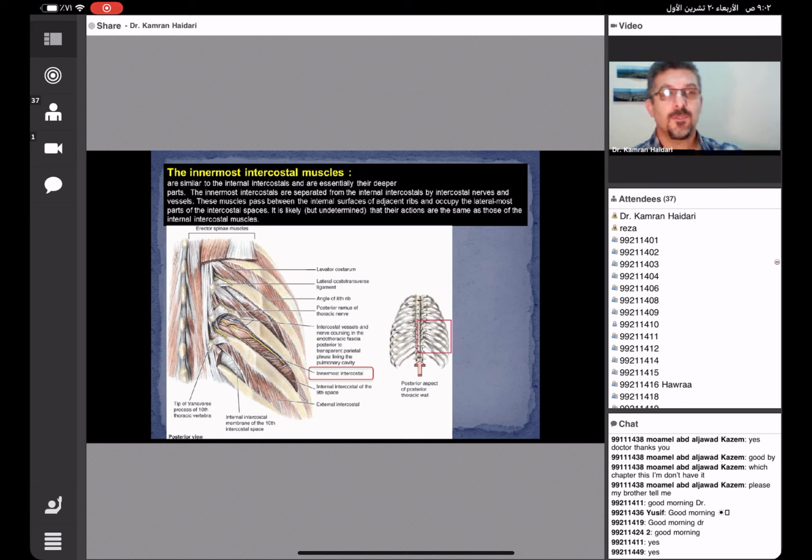Long levator costarum, short levator costarum. Short one attaches to the next rib but the long one attaches to the next rib and then the next one.